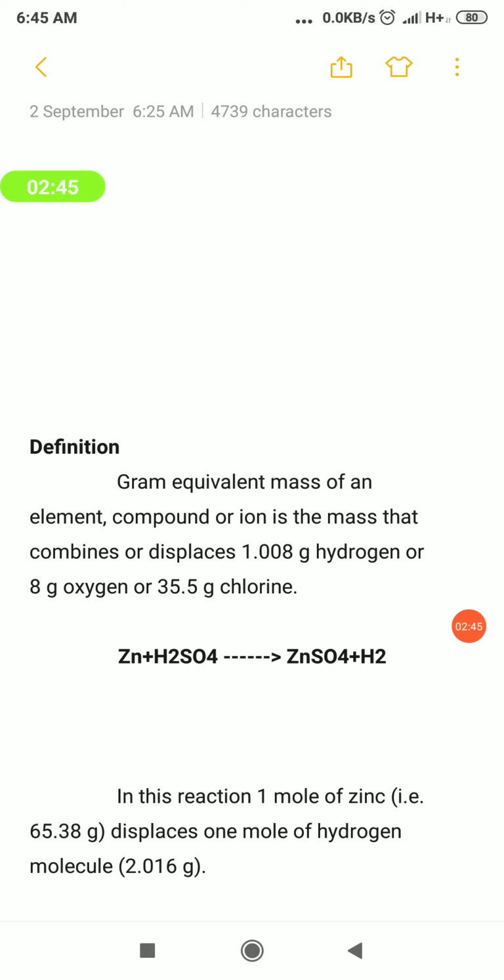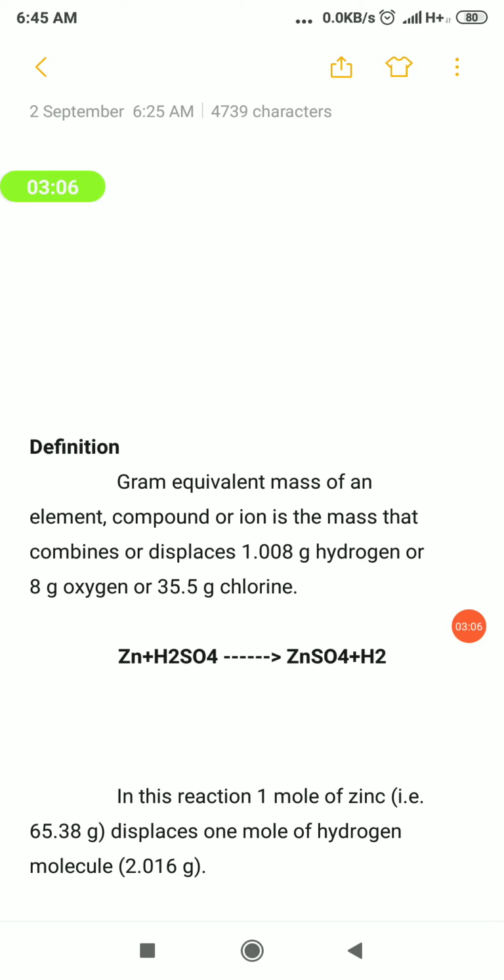So one zinc is able to displace what? 2.016 gram of hydrogen. But according to our definition, what is equivalent mass? The mass of an atom or compound or an ion which must be able to displace 1.008 gram of hydrogen or 8 gram of oxygen or 35.5 gram of chlorine.